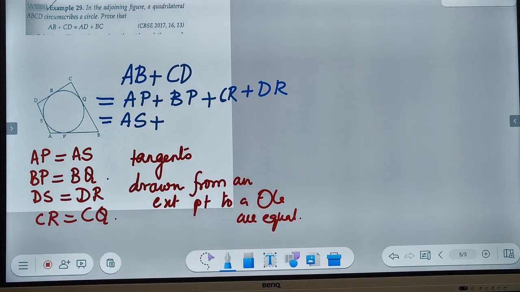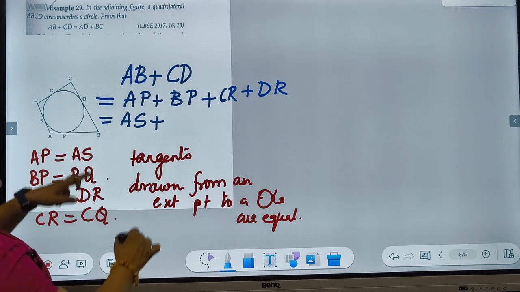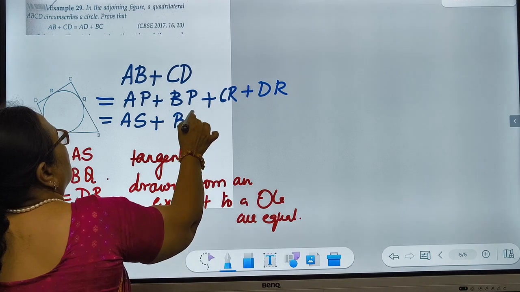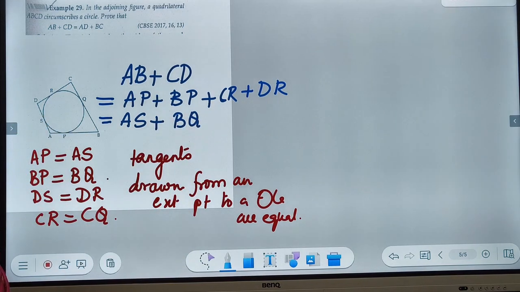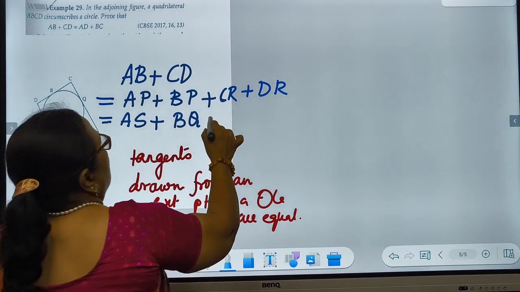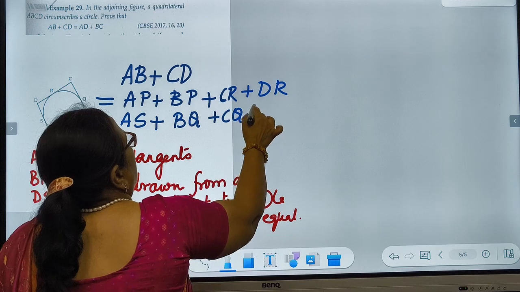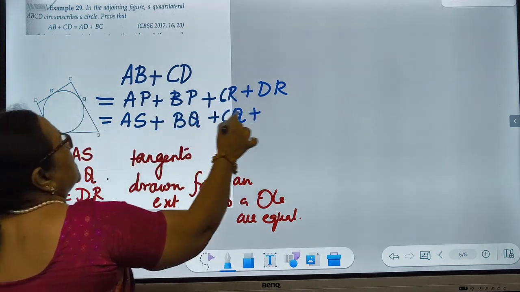AS. BP equal to BQ. Now what is CR? CR is equal to CQ. DR will be DS.